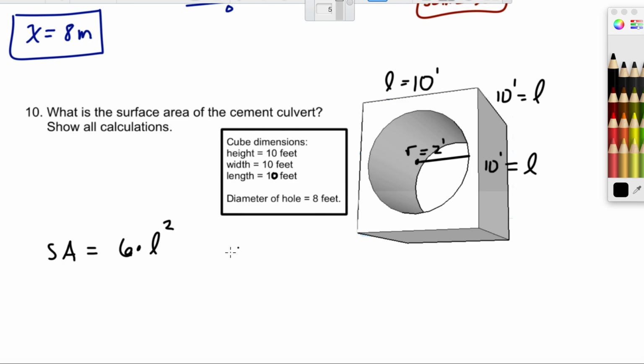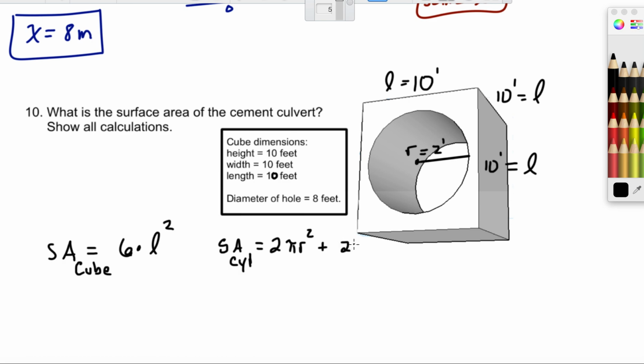The surface area, so this is the cube. The surface area, let's say cube. The surface area of the cylinder, let's do that, is 2 circles plus the unfolded sides of the cylinder that turns into a rectangle, right?